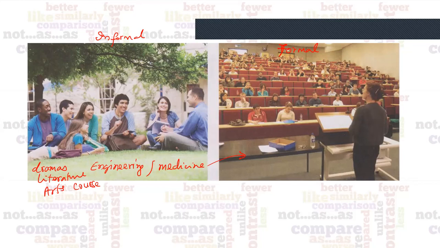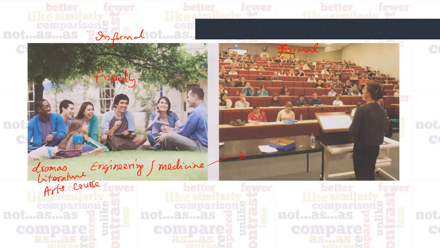So, what do we find here? Here, the teacher has a formal style of teaching, whereas this is the informal type of teaching where the classroom environment is completely different. And look at the reactions. It's more like a friendly relationship. Is that right?